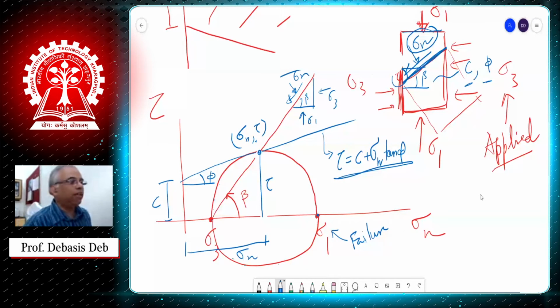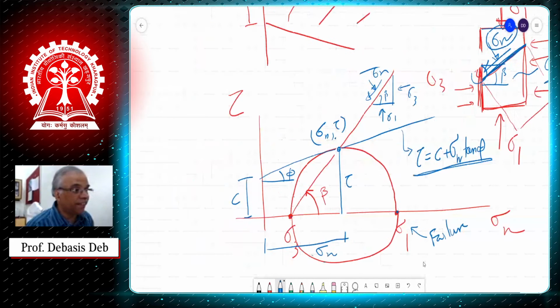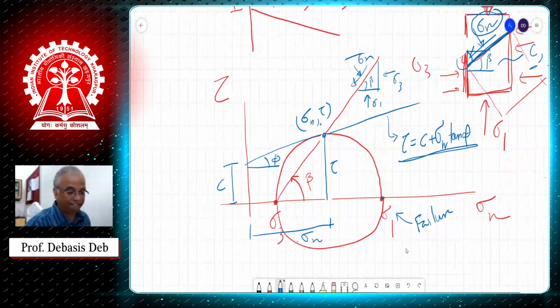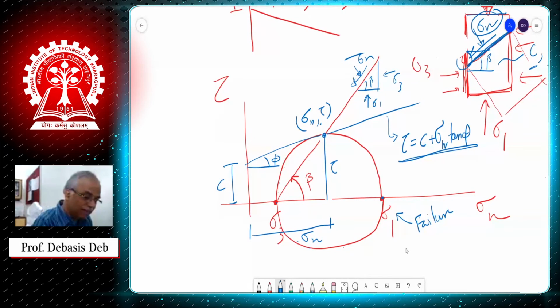Now, let us see what additional information we can extract from this Mohr circle. Now, let me take it a little bit to this side if I can. I am extrapolating this line here. Okay, I just extrapolated. So this angle is also phi, same.